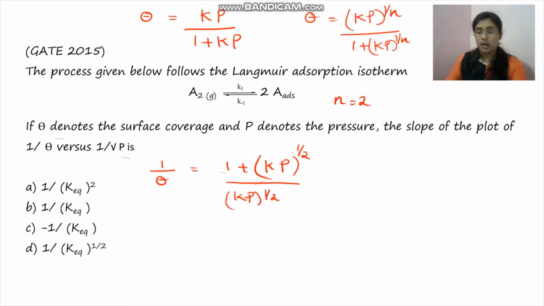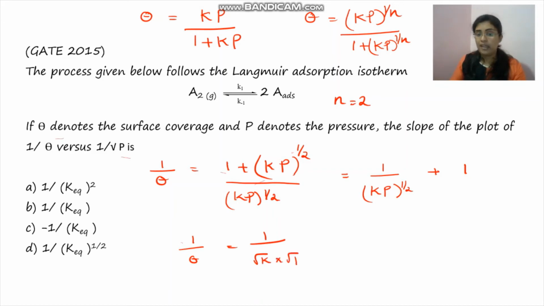I'm just splitting the denominator between the two numerator values. So this would become 1 by Kp raised to half plus Kp raised to half by Kp raised to half would become 1. So I got my equation as 1 by theta is 1 by root K into root P plus 1.